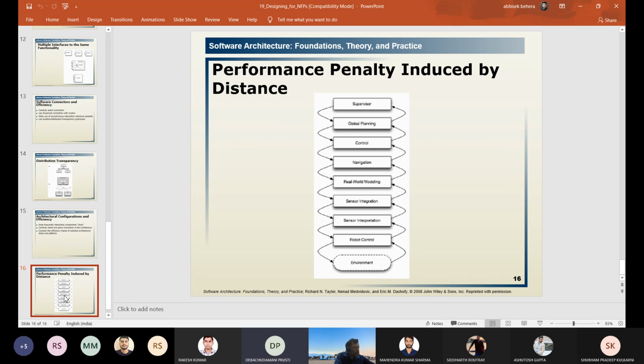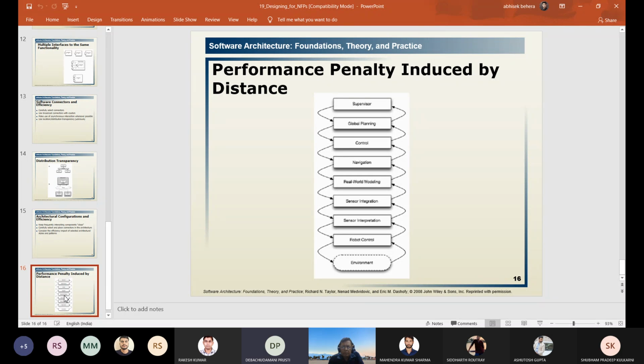Obviously, if the components are providing some service and the distance between them is increased, it will impose a penalty. The presentation also shows the performance penalty induced by distance.